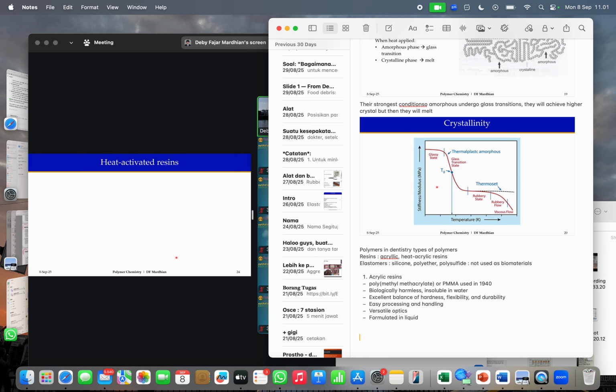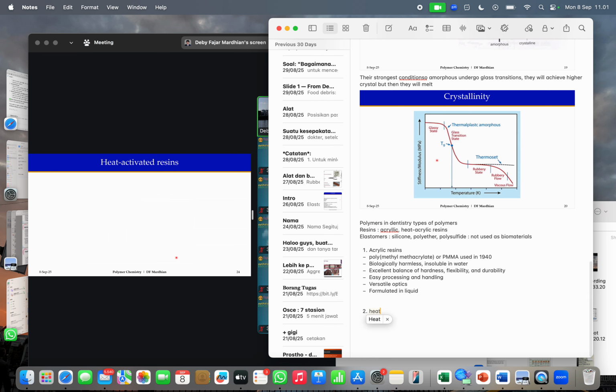So the first type of acrylic resin, which we will use on Wednesday for our lab activity, is heat activated resin. The heat activated resin is composed of methyl methacrylate and glycol dimethacrylate.